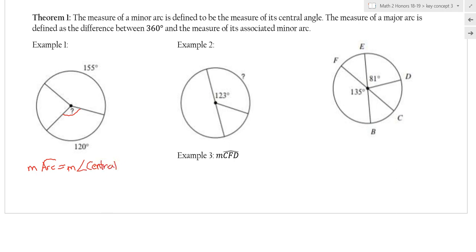Okay. So I know the measure of my arc is 120, x is the central angle. Okay, so they are the same. That central angle and that arc are the same measurement.